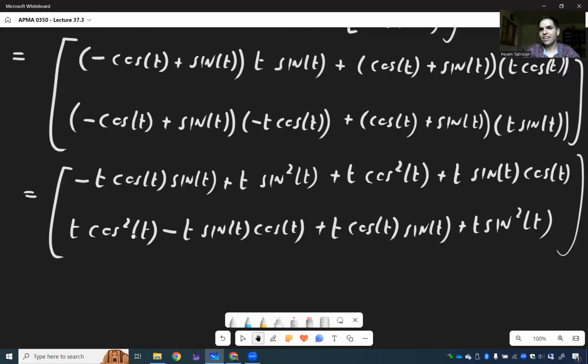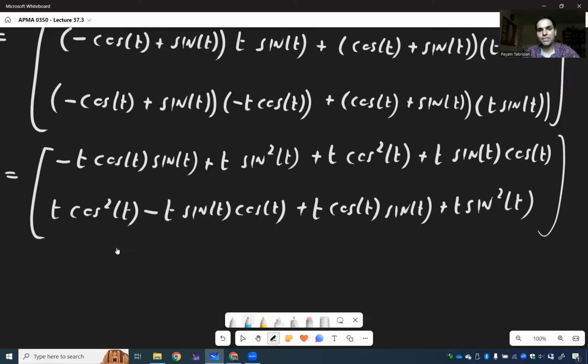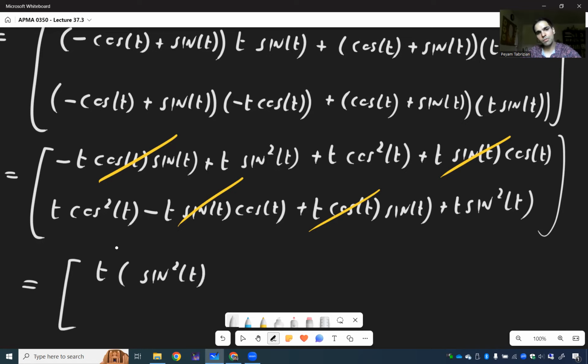And if you ever think math is ugly and not beautiful, this is for you. Well, the cross terms, they simplify, boom, boom, boom, boom. And then for the other terms, you can factor out t, and you get sine squared plus cosine squared, and t times cosine squared plus sine squared.